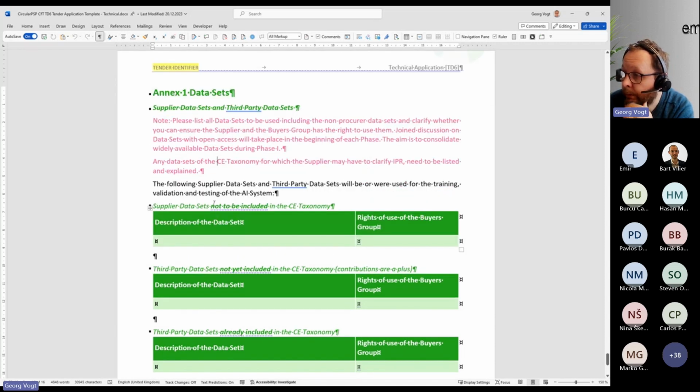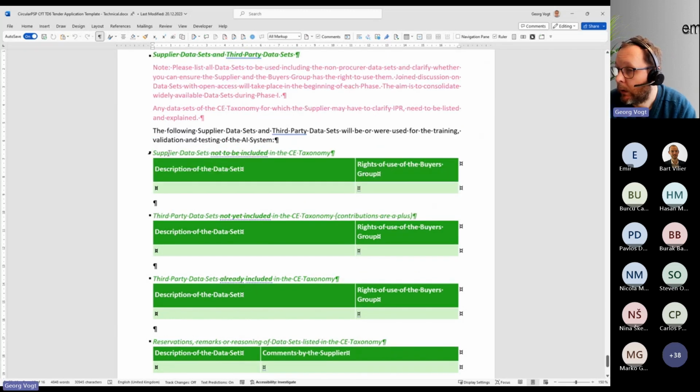We did not originally intend it, but we have to do it, is that you clearly identify any supplier data sets you have and clearly document that you have the rights for it. Yeah.